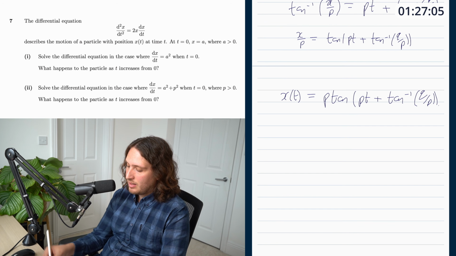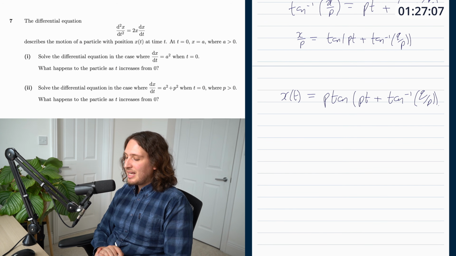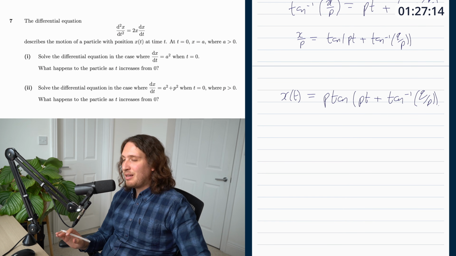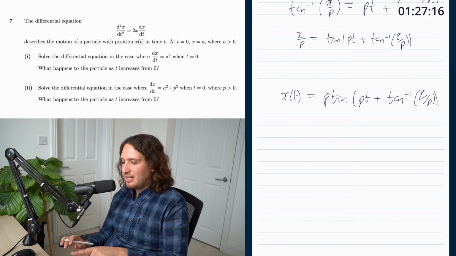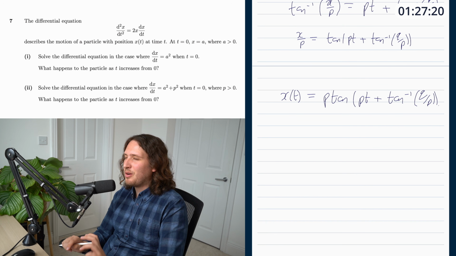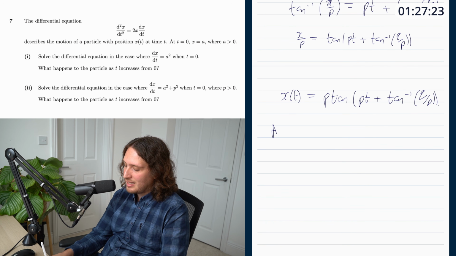Yeah, okay. So when I increase t now from 0, tan is always increasing as long as you don't cross an asymptote. But I guess I can say this.